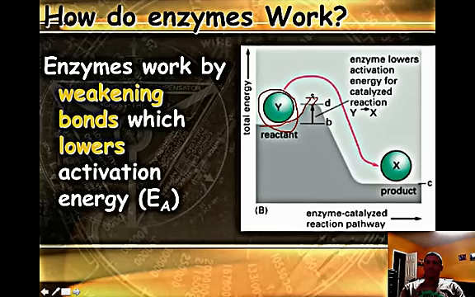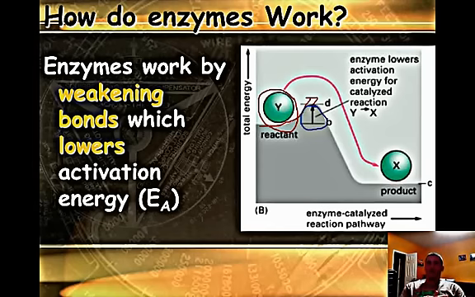Then what an enzyme does is it comes in here and it's going to decrease the hill. It's going to make the hill smaller so that the catalyzed pathway is actually going to happen faster or at the same speed, but it's going to use a lot less energy to do it.